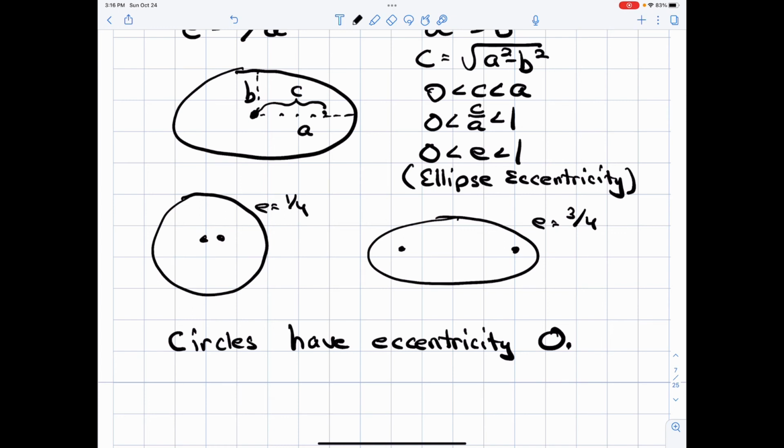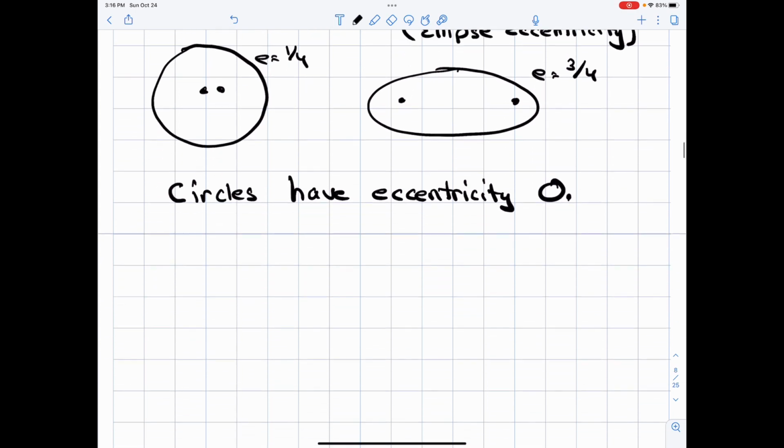So that eccentricity got pushed all the way over to 0, then you have that perfect roundness of a circle. So that's just a little something about what eccentricity is for an ellipse and about the roundness.